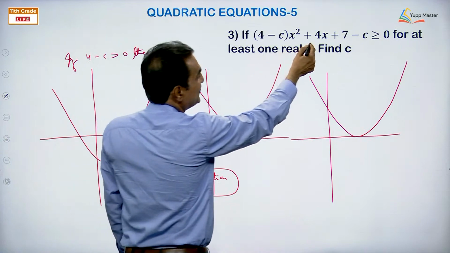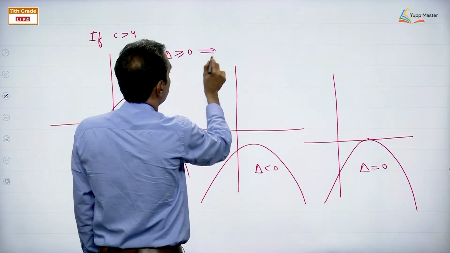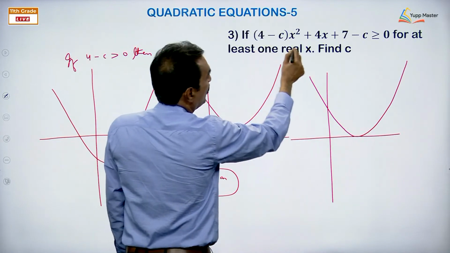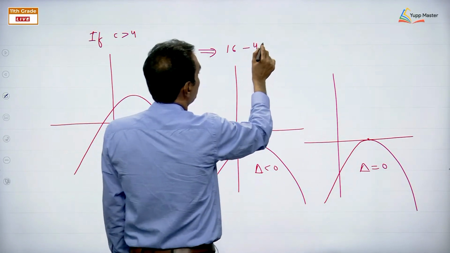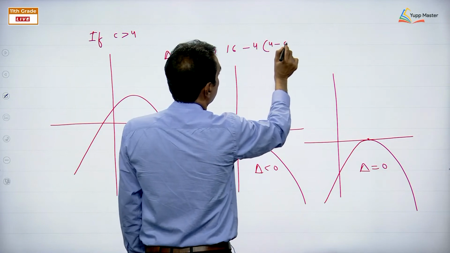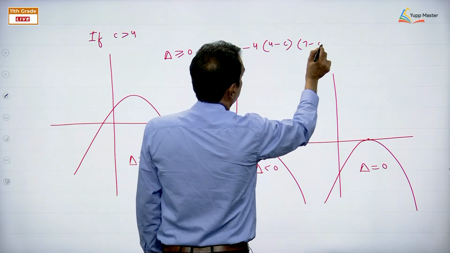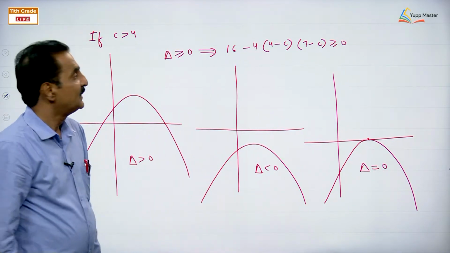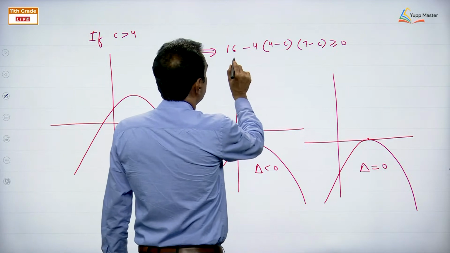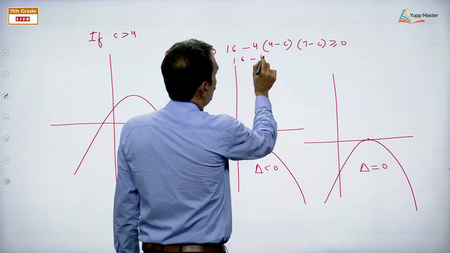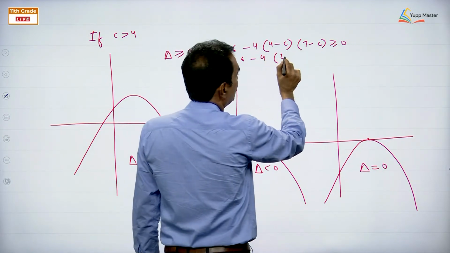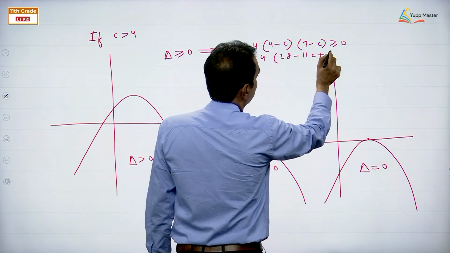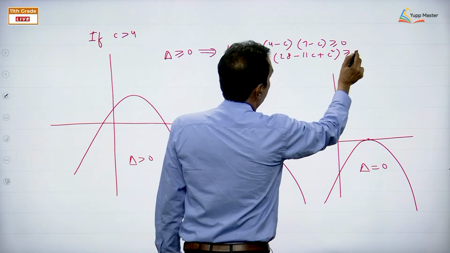B square minus 4ac, 16 minus 4 into 4 minus c into 7 minus c should be greater than or equal to 0. Simplify, 16 minus 4 into, if you multiply, you will get 28 minus 11c plus c square greater than or equal to 0.